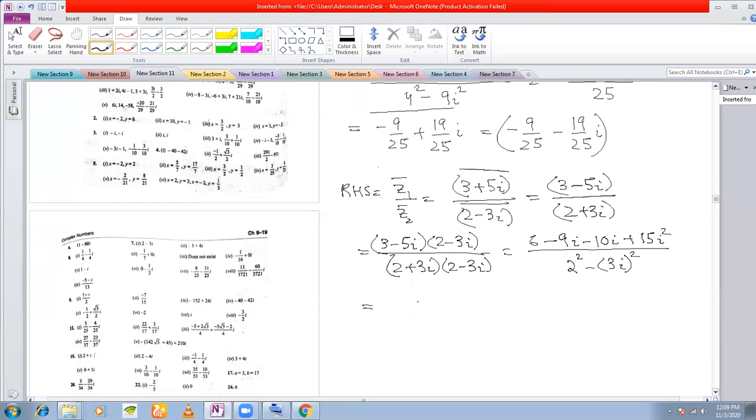So in the numerator you have 6 minus 15, which is minus 9, minus 19i, divided by 4 minus 9i square, which is 13 actually, the 4 plus 9. So minus 9 minus 19i divided by 13.